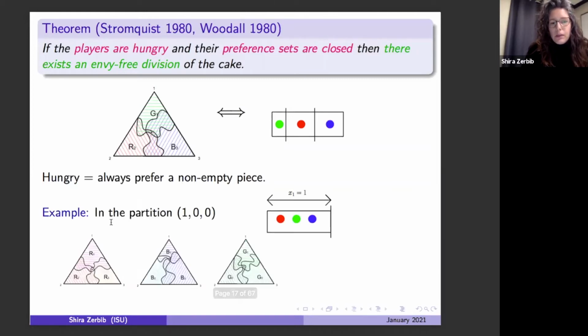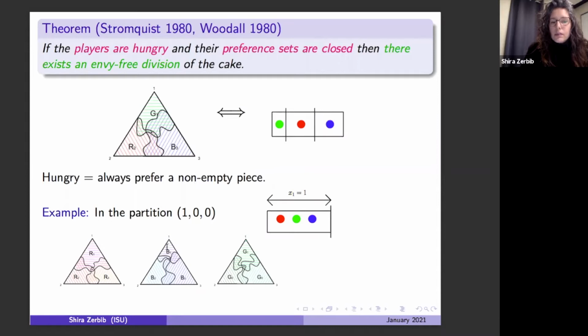So for example, in the partition corresponding to vertex E1 of the cake, there is only one non-empty piece, right? There is one piece that is the entire cake, x1, and there are two empty pieces, or pieces of length 0, corresponding to x2 and x3 that are 0.